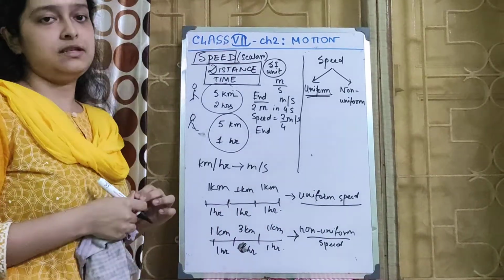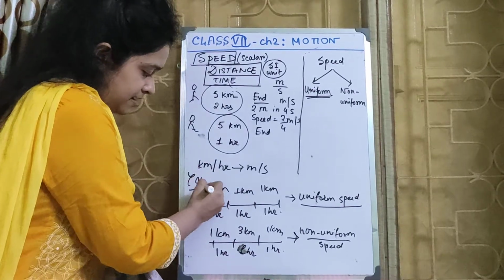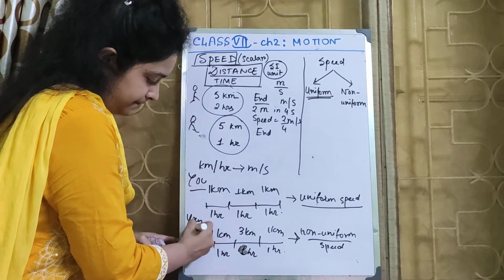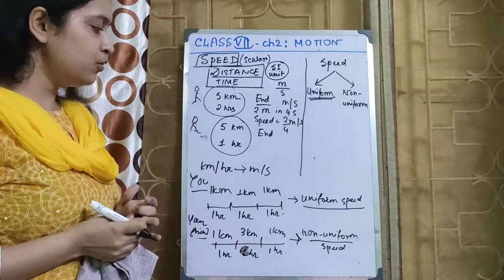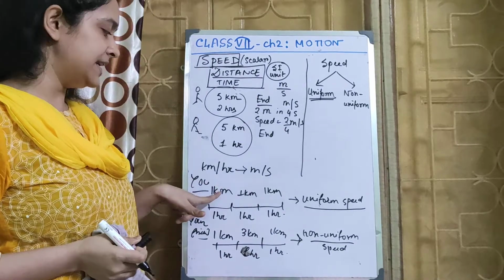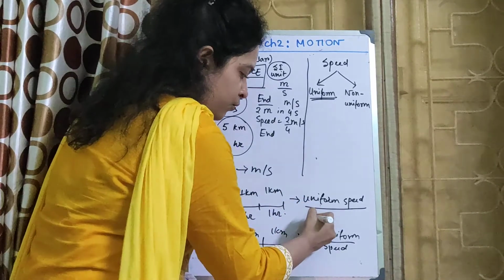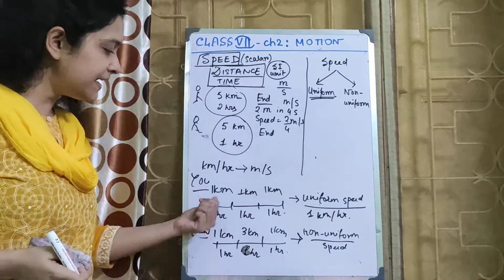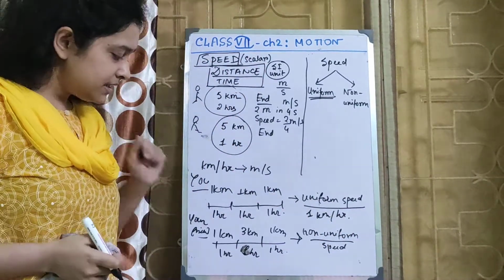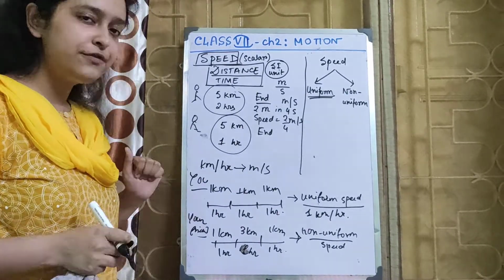So, if I ask you, say this is you and this is your friend. If I ask you what is your speed, you will say my speed is 1 kilometer per hour. You can easily say 1 kilometer per hour is my speed, because every time it's the same. But what about your friend? What is the speed of your friend?